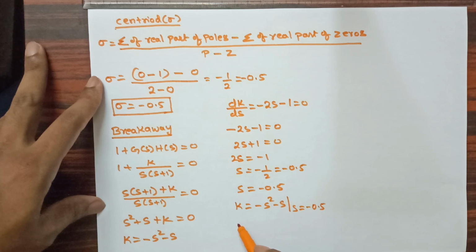Here I get the k value by substituting minus 0.5. I will be getting 0.25. You can see I got a positive value. Therefore k is positive, and s equal to minus 0.5 is a valid breakaway point.